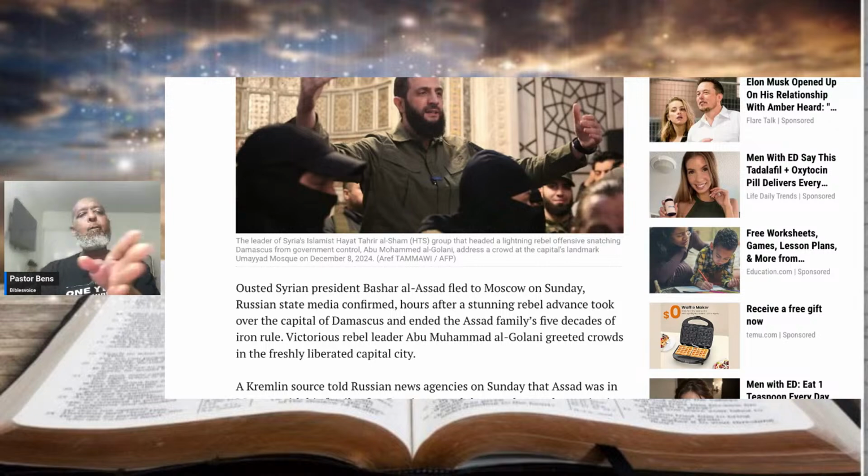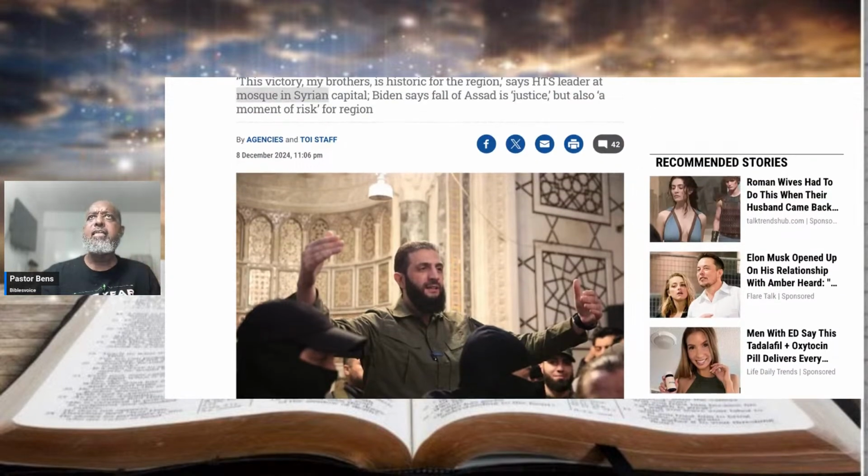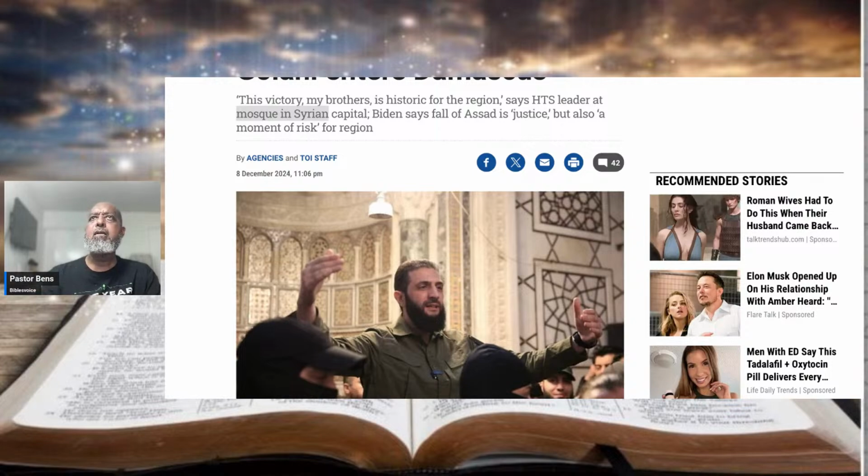Now, let me go back a little bit to show you why these leaders said that this is region changing. They said it's historic for the region. Very powerful words by this Sunni leader who believes that the Mahdi, their Messiah, is going to come and destroy the gods that they're worshiping in this entire region.